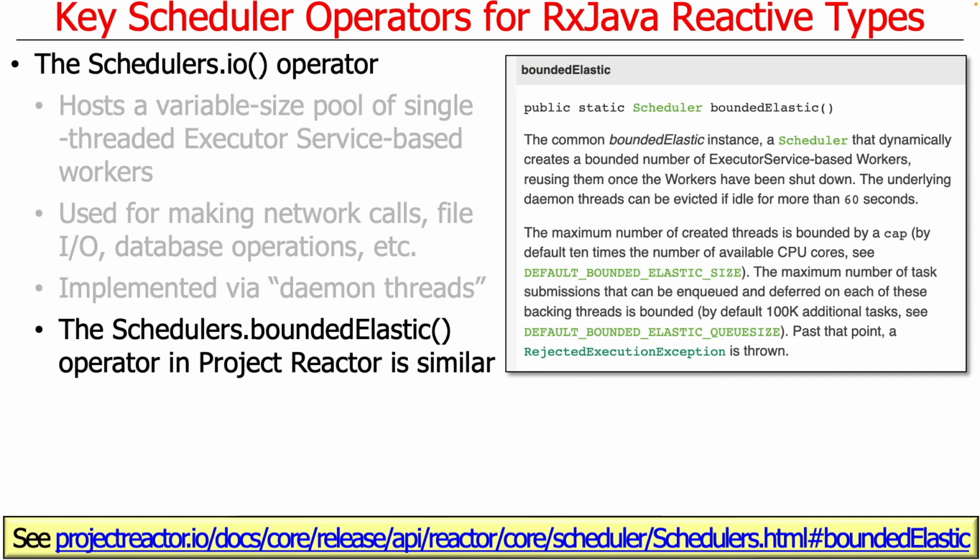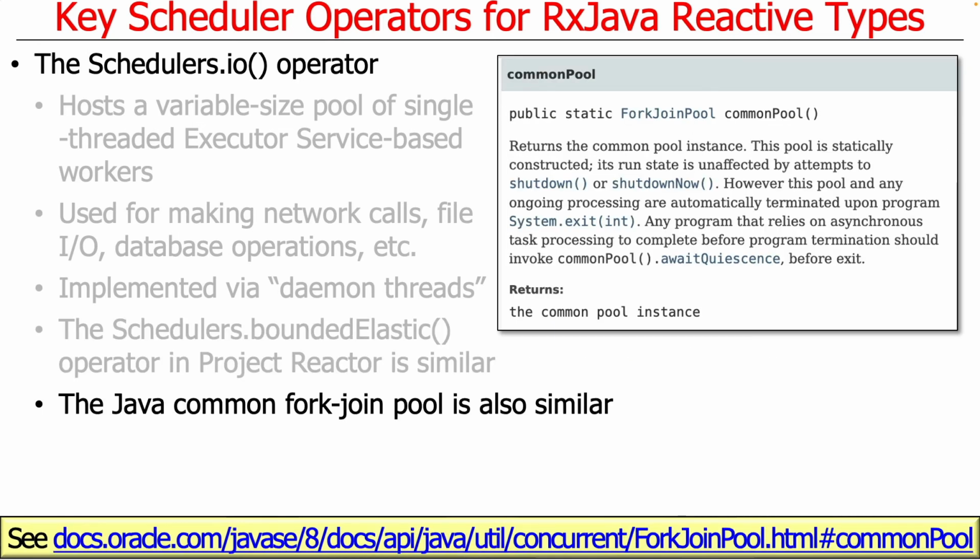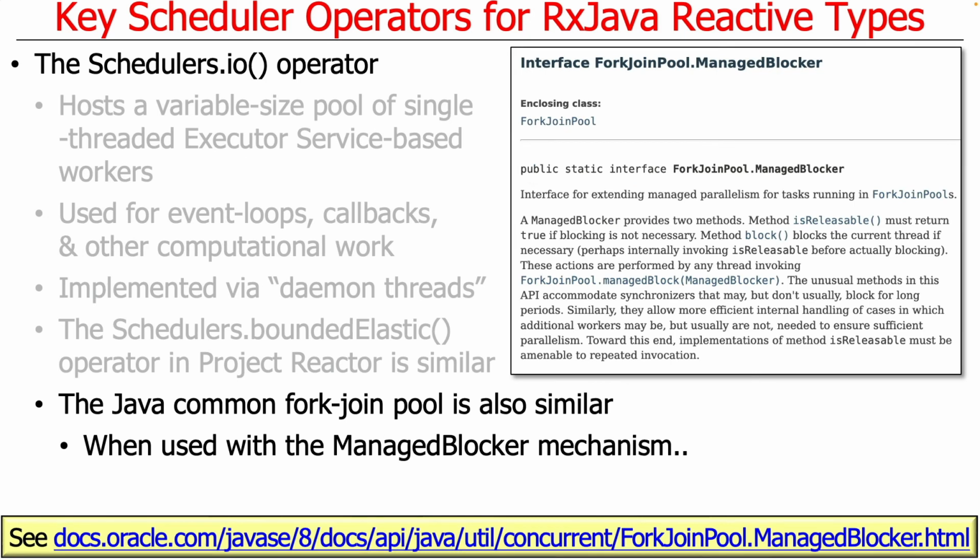The bounded elastic scheduler in Project Reactor is very similar in that it can basically add threads to this pool, and the underlying threads will be evicted if they're idle for more than 60 seconds, which again is very much like the cached thread pool that's part of the Java executor framework. Speaking of which, the Java common fork join pool is also quite similar if you use it with the managed blocker mechanism.